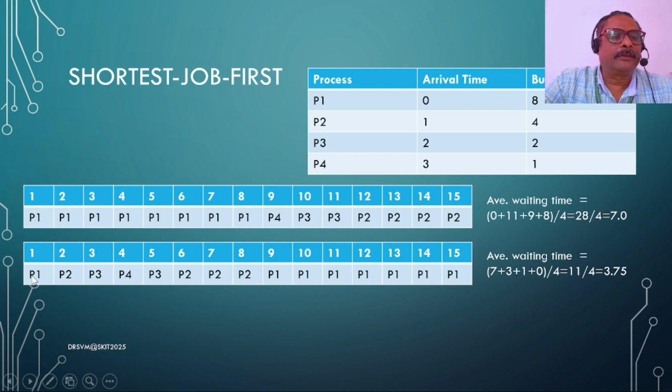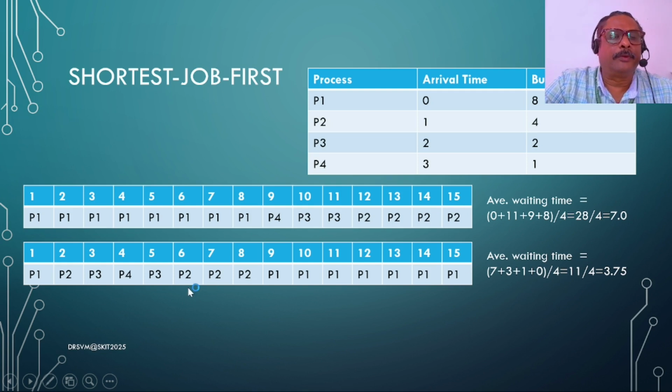P2 comes at unit 1, therefore this is not waiting, then 1, 2, 3 units of time P2 is waiting. P3 comes at 2, immediately P3 is given a chance, therefore here it is not waiting, but it is going to wait for 1 unit of time.